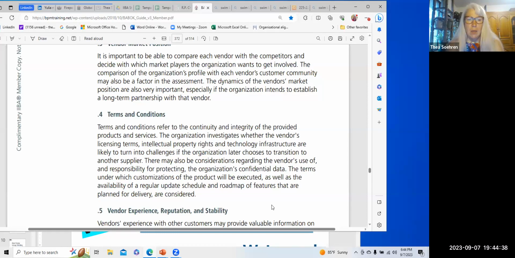There may also be considerations regarding the vendor's use of and responsibility for protecting the organization's confidential data. In many organizations, if you have any kind of confidential data or data that is controlled by any regulation, you've got to have special clauses for things like that.